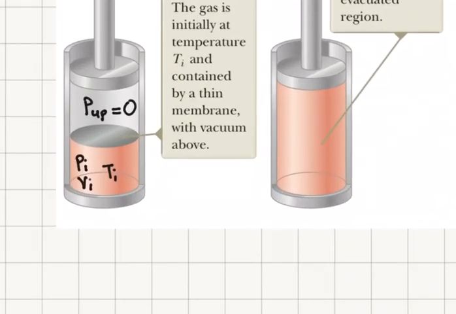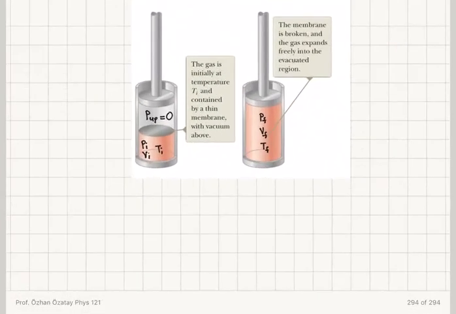Basically the membrane is broken. What will happen is that the gas will expand to fill the rest of the volume here. So there will be a final pressure P final, a final volume V final, and a final temperature T final.